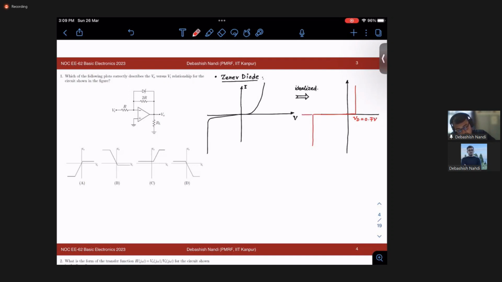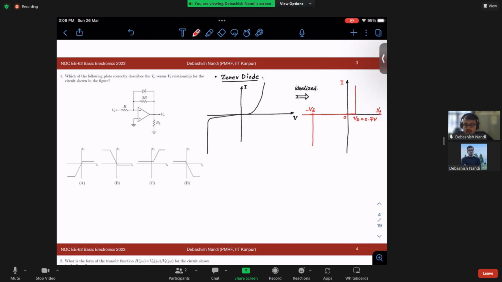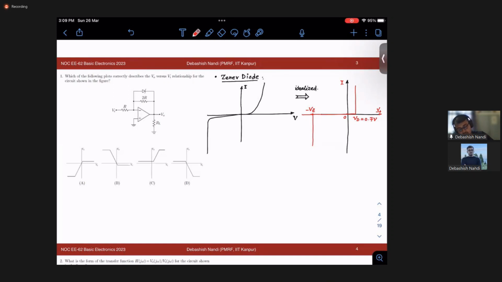And this is the breakdown voltage, let's say minus VZ, right? This is 0, this is I, this is your voltage axis. Okay, so this model we are going to use in this circuit analysis.